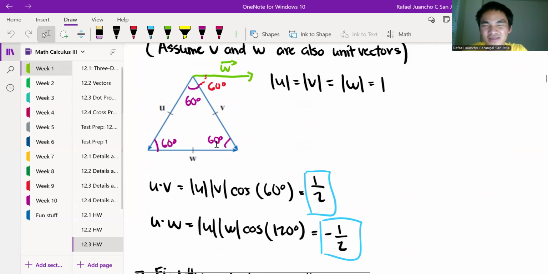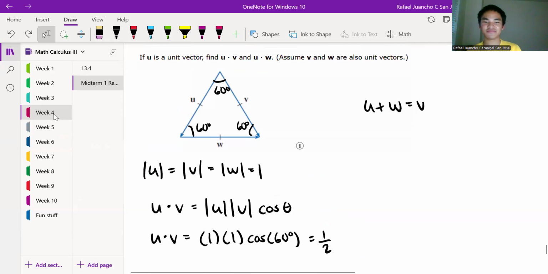Why is it 120? Oh, I get a parallel W here. I get an extra 60 because this is a parallelogram. That was really clever.